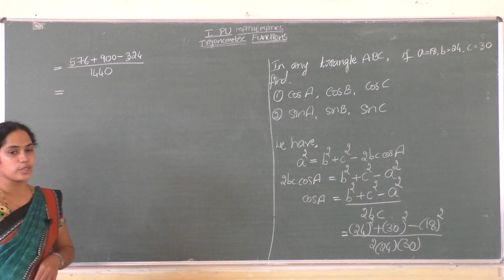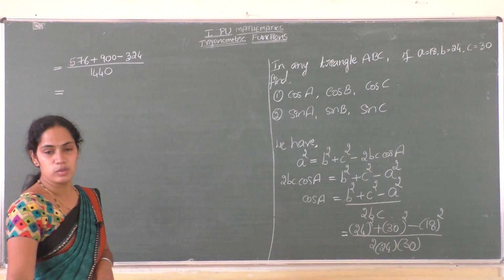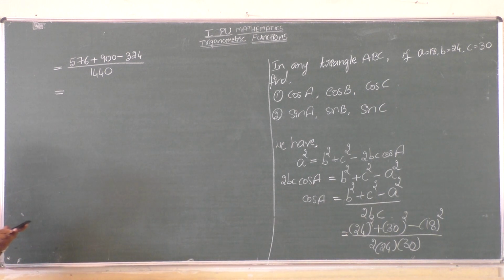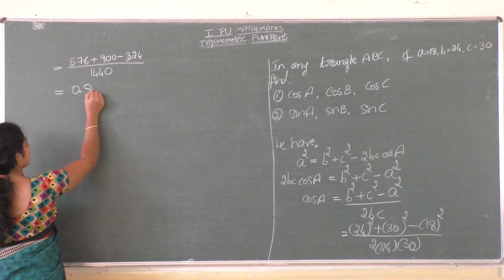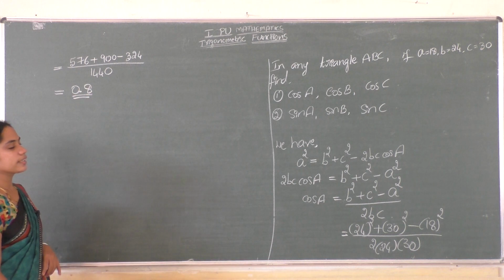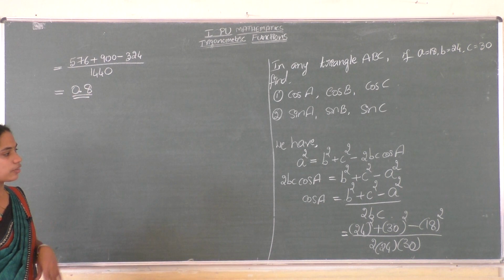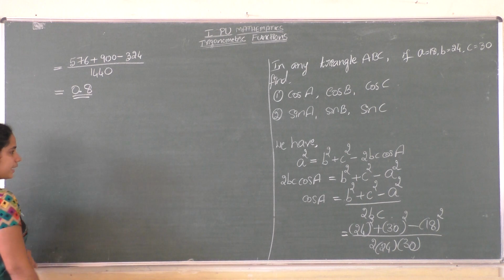Calculate the value and simplify. The value is 576 plus 900 minus 324 divided by 1440, the value is 0.8. This is the value of cos A.